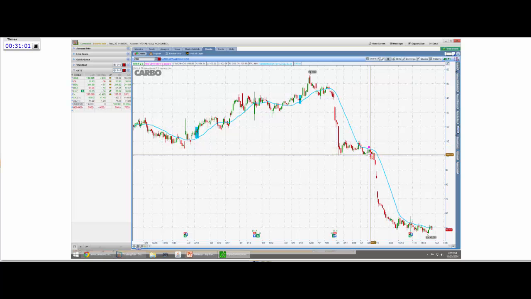Now, this one's a little questionable, but it would have turned out to be a fantastic trade. This is another great example of what I'm talking about with the risk, okay? So let's say you were watching CRR, and you're looking at this slope.